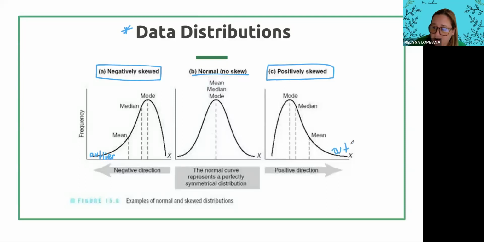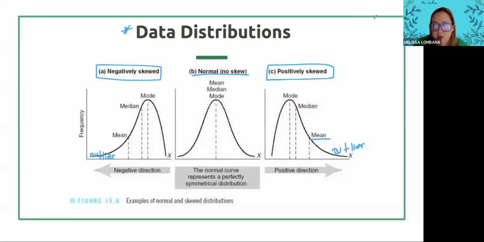The outliers got the higher scores, but more people got lower scores, so the central tendency is here. Which means that the mode and the median are below the mean. Here they're above the mean. This is just telling you that there are outliers in your data, okay?